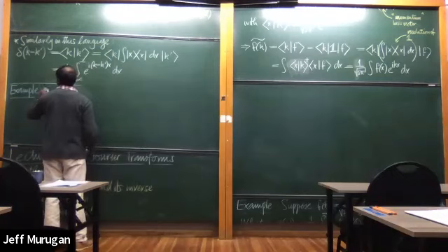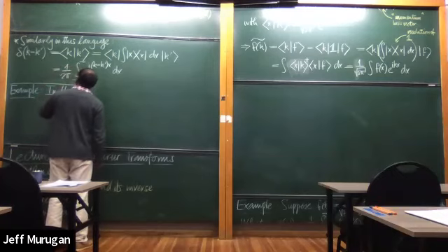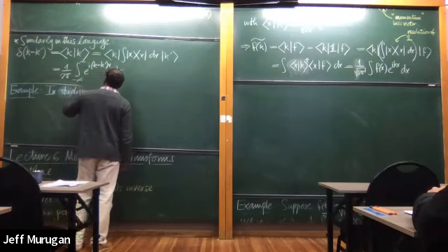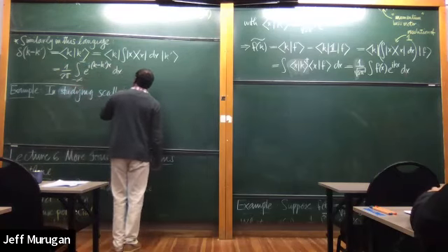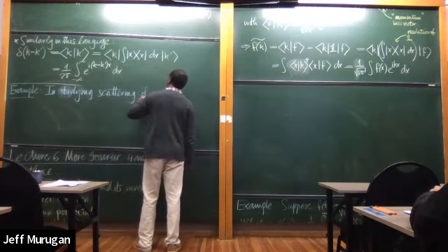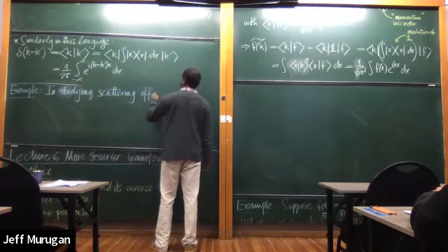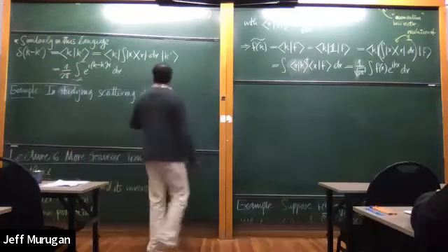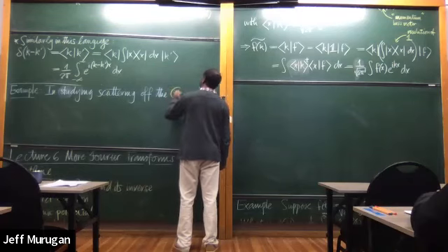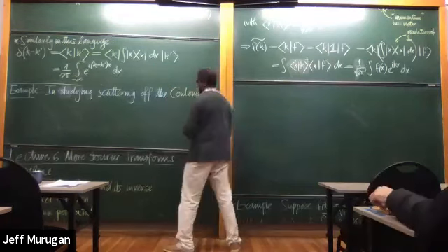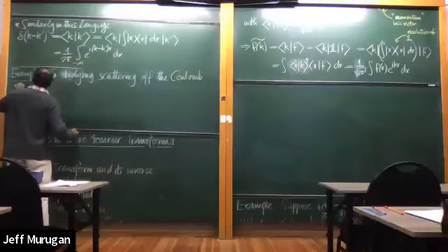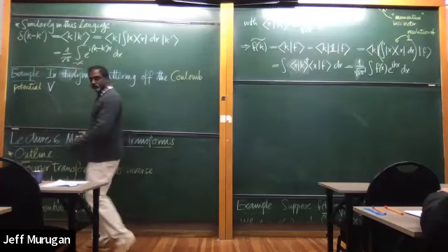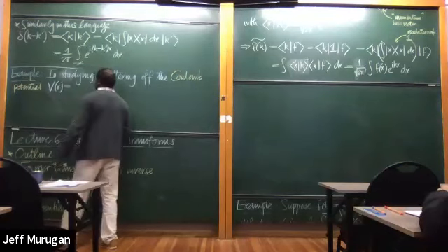So, in the context of the scattering of stuff off a Coulomb potential V of r, I'm going to be working exclusively in 3 dimensions here.